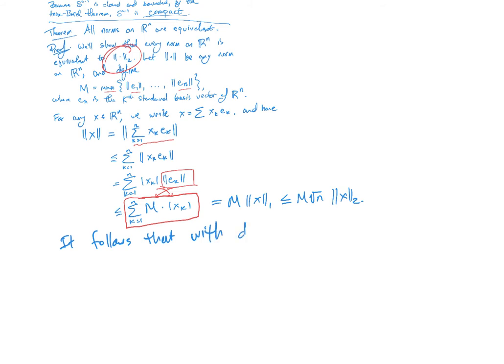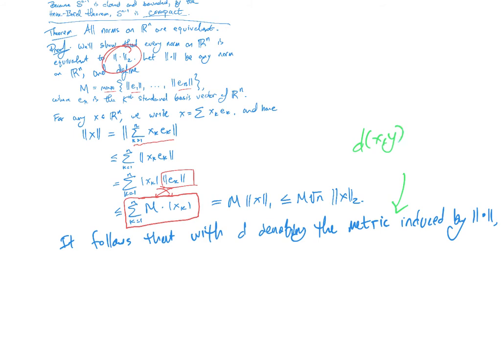We're going to look at the induced metric, the metric induced by the mystery norm here. That's just the definition of a metric. Since we're assuming that the bars are a norm, we know that that is a metric.